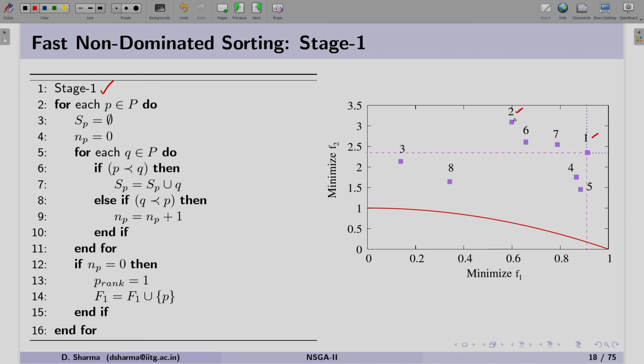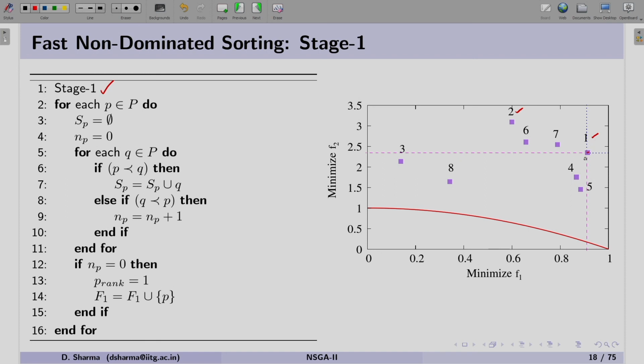Now in our previous discussion, when we use the concept of dominance for solution 1, meaning solution 1 will be compared with the rest of the members in the population, we will find out which solutions solution 1 is dominating and by which solutions solution 1 is dominated.